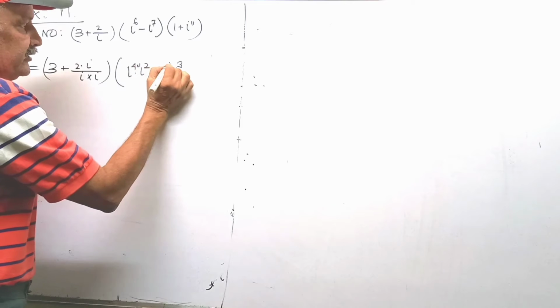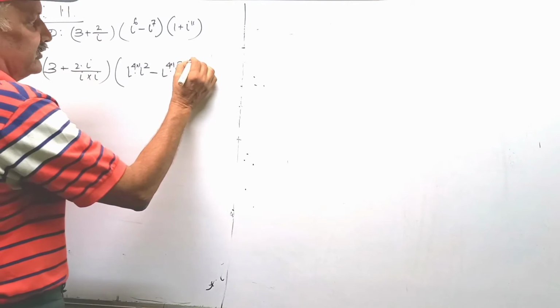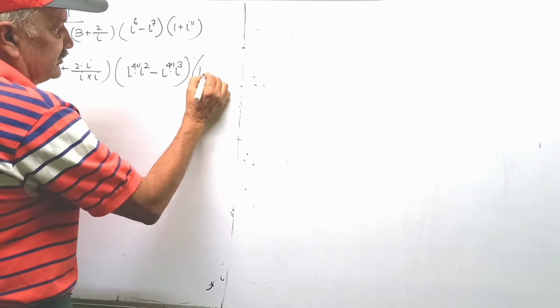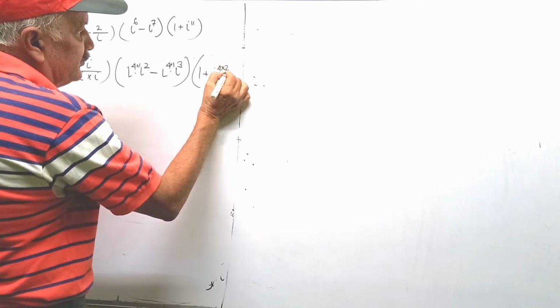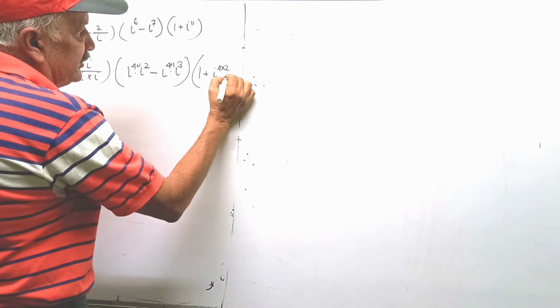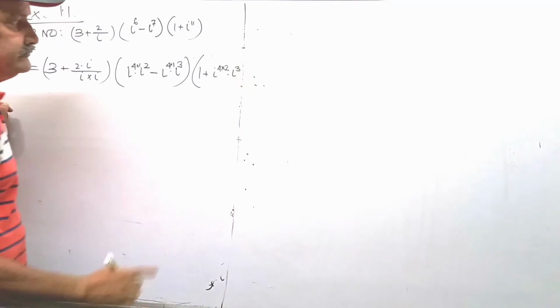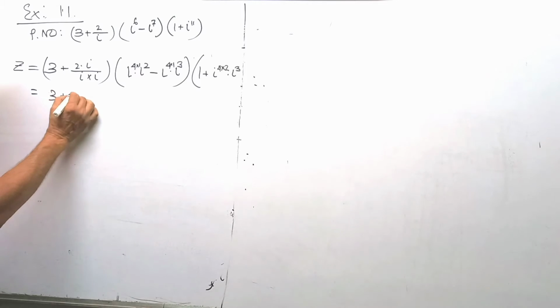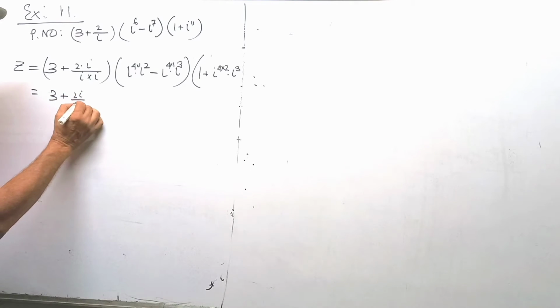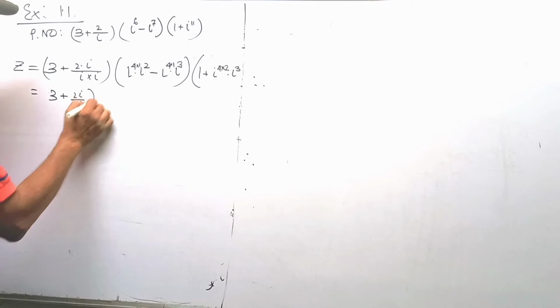Everywhere it is a factor of 4. Next you see here i to the power 4 into 2 into i to the power 3. As a result, what we are getting: 2i minus 1.